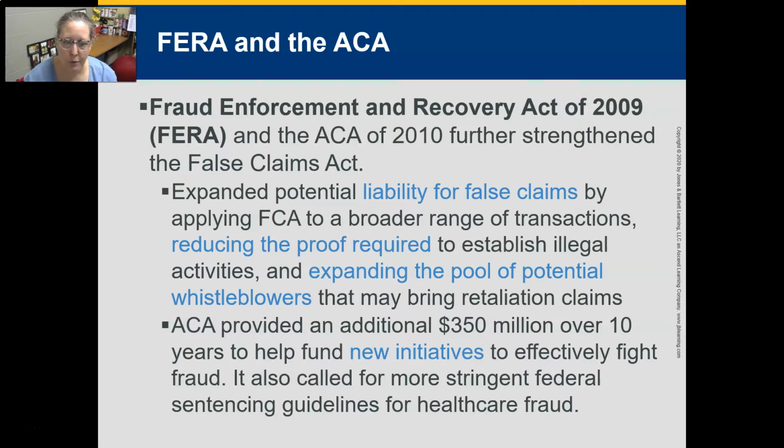The ACA also provided an additional $350 million over 10 years to help fund new initiatives to effectively fight fraud. It also called for more stringent federal sentencing guidelines for healthcare fraud. So really focusing on putting all this fraud down, because we can't afford to have all of this excess money that's not even going to care, and our healthcare expenses already so high.